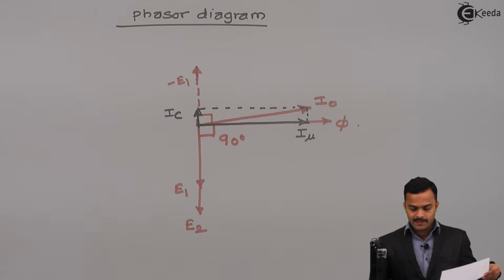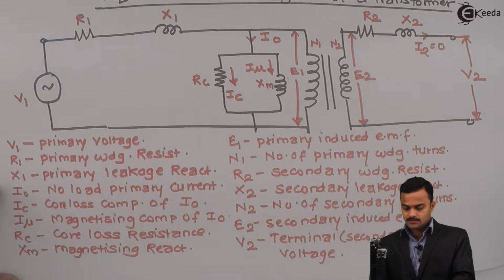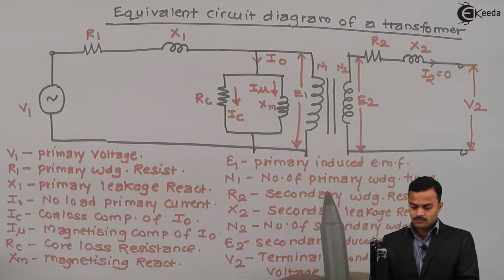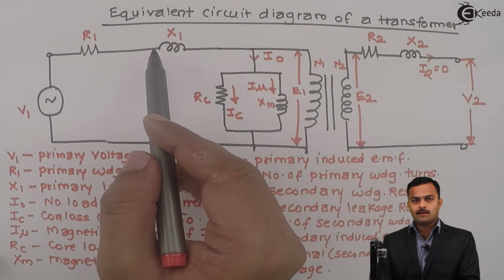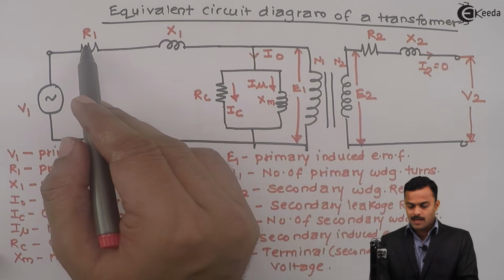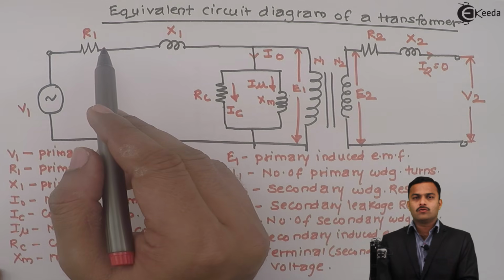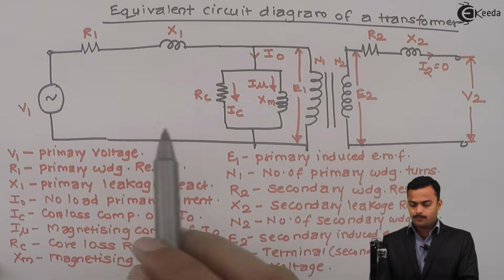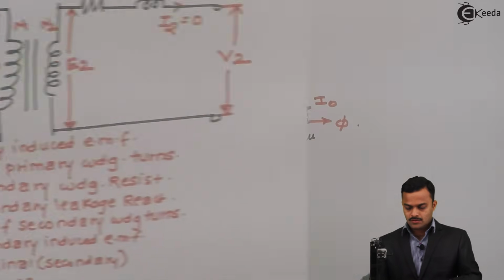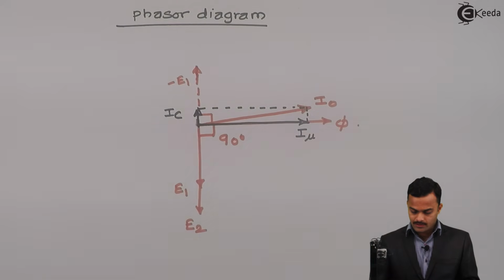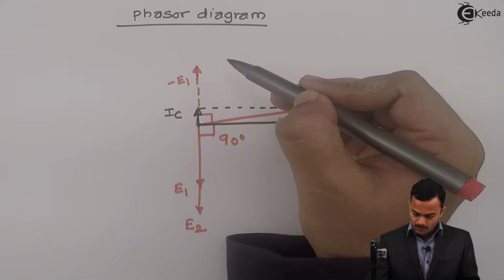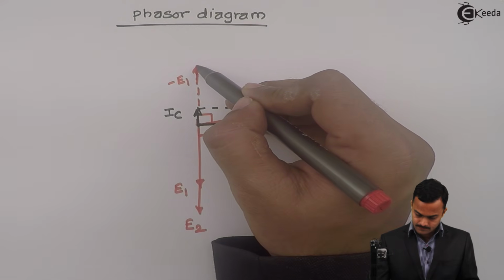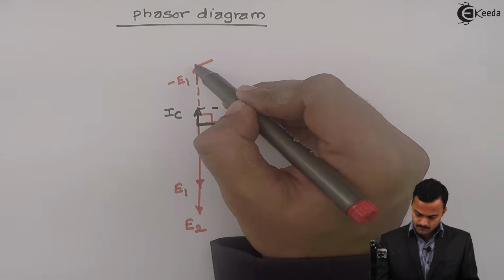So no load primary current will pass through these two elements R1 and X1. If it passes through R1, it will give rise to a voltage drop I0 R1 in phase, or parallel, to I0. So parallel to I0, I will draw a vector from the tip of minus E1 like this.